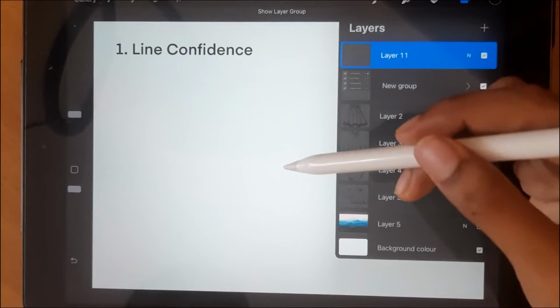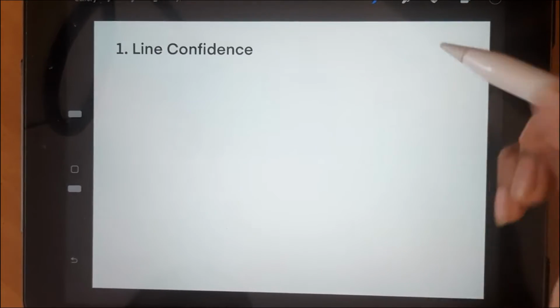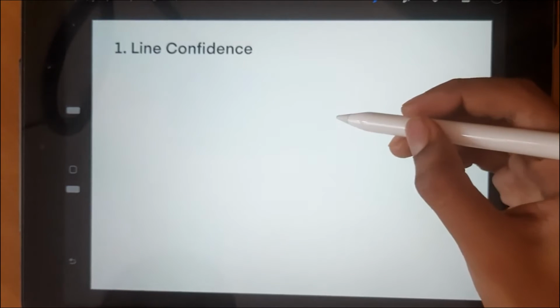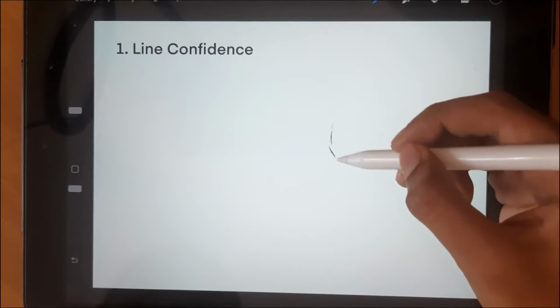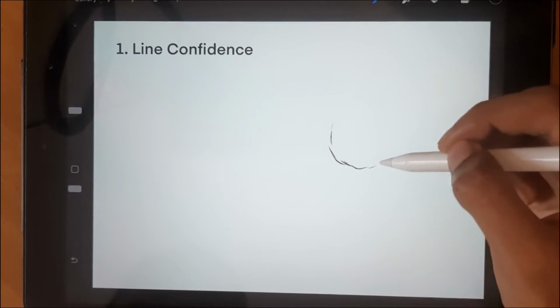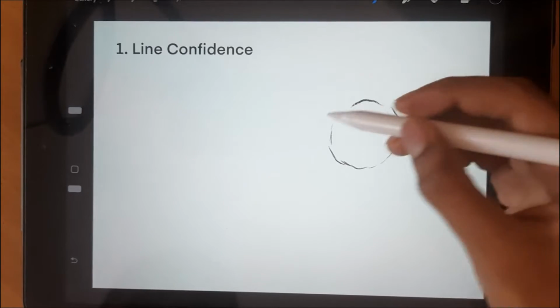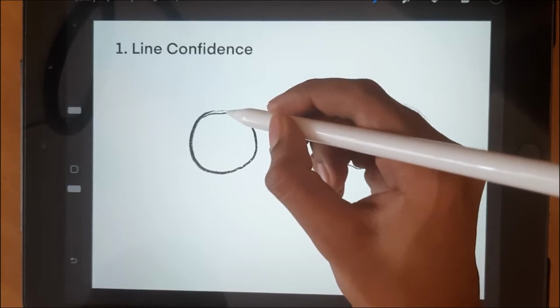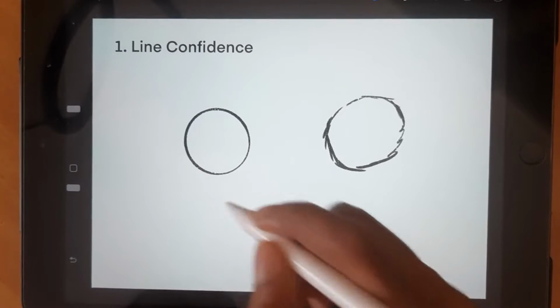The first main point to be noted while drawing the line art is line confidence. Line confidence means that the lines we are drawing should be neat and steady. The line should not be broken once, it should be neat and steady. We should be able to control our lines wherever we like and however we want to draw it.